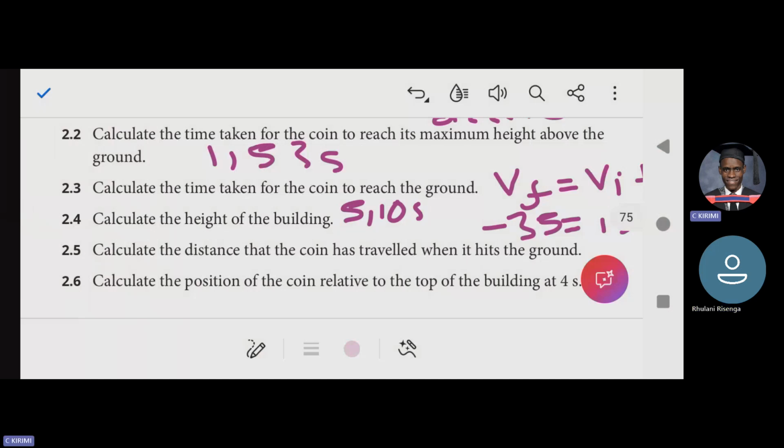We're going to say Vf squared is equals to Vi squared plus 2 times the acceleration times delta y. So calculate the distance the coin traveled when it hits the ground.